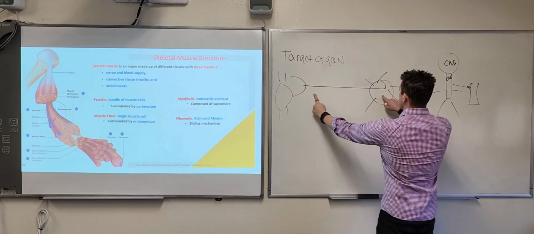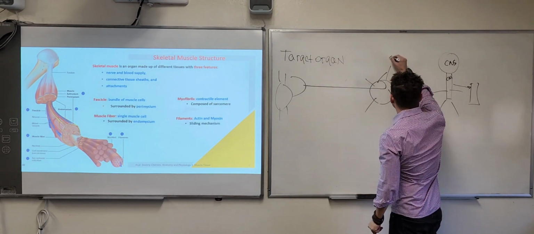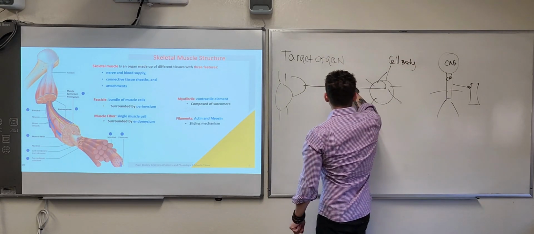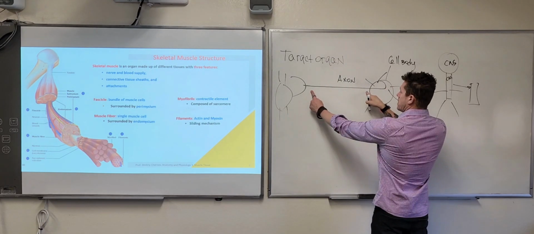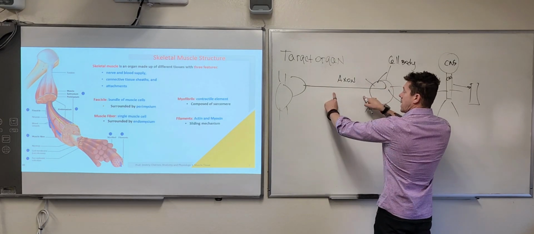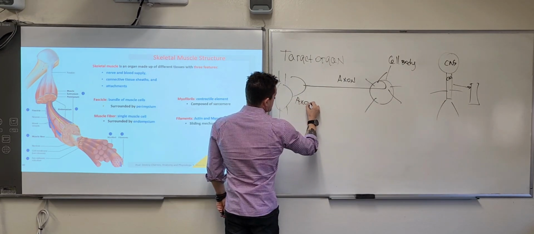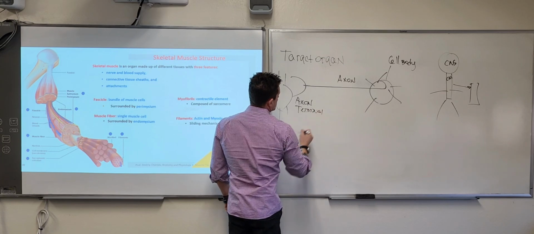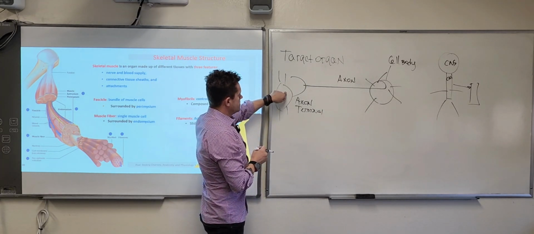So here is a neuron. This is the cell body of a neuron. This portion is called the axon, a cable, a wire. And here, the axon terminal creates a junction. A junction is a connection.